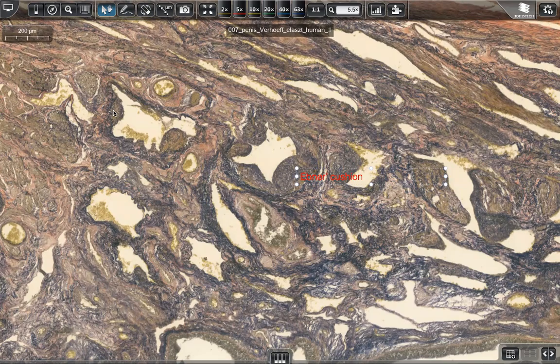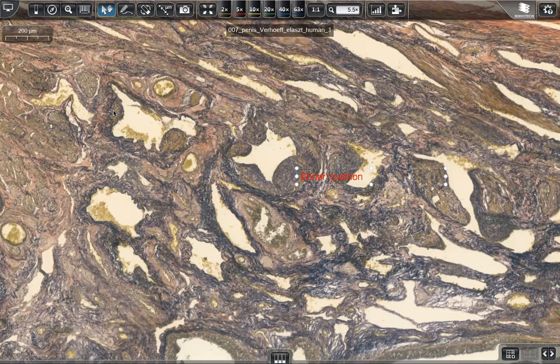They are also present in the corpora cavernosa, but because of the really compressed numerous blood sinuses, we cannot see them beautifully.